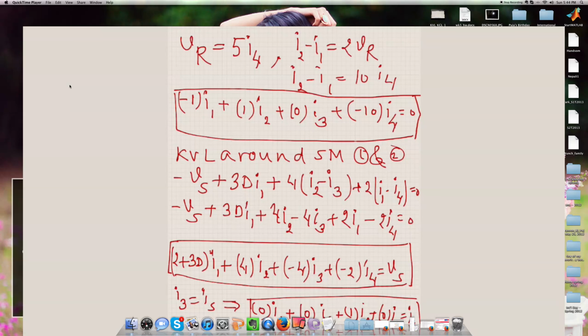So that will be another expression. So we have the 3 boxes so far. Since we have 4 unknowns, we have to have another expression to complete this.